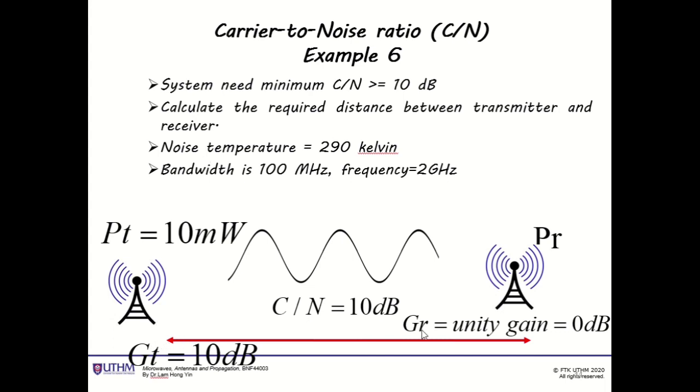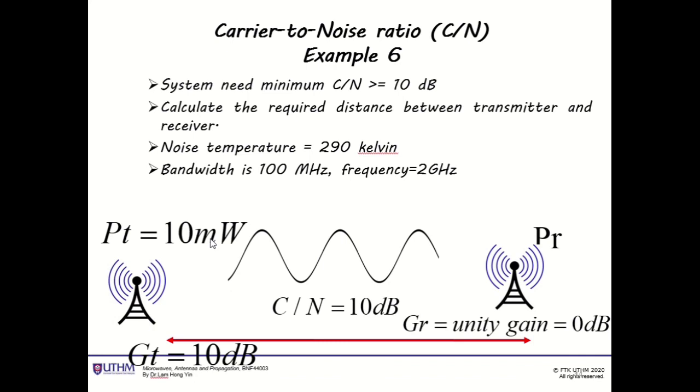You are also given the antenna gain at the transmitter GT of 10 dB, and the antenna gain at the receiver is unity gain, which is 0 dB, and the power transmit is equal to 10 milliwatt.